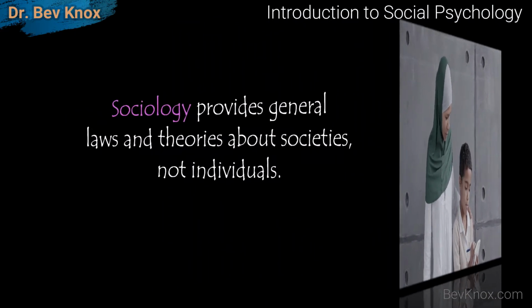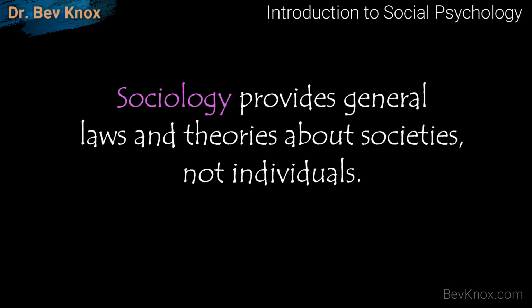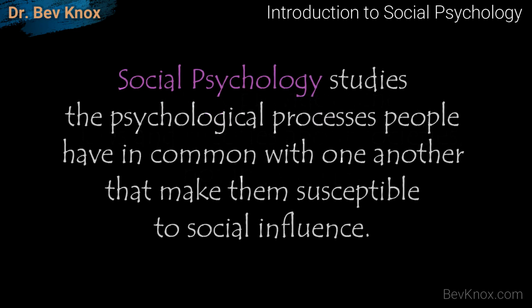So again, sociology provides general laws and theories about society, not the individual. Social psychology studies the psychological processes people have in common with one another that make them susceptible to social influence.